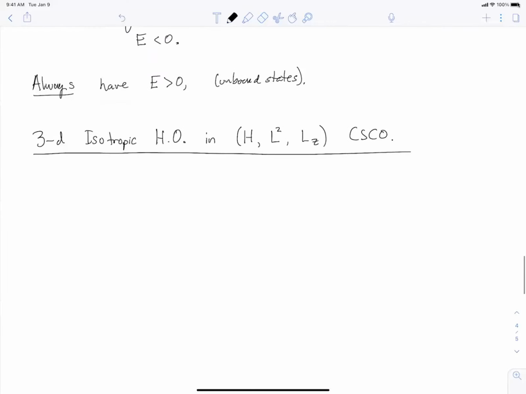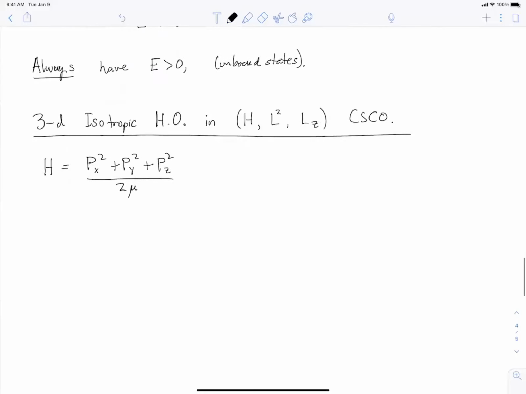Okay, so let's remind ourselves what the Hamiltonian is. The Hamiltonian is px squared plus py squared plus pz squared over twice the mass. So that's invariant under rotations. X and y and z are all equivalent to each other. And now we're adding in a potential, which is 1/2 the mass times omega squared times x squared plus y squared plus z squared.